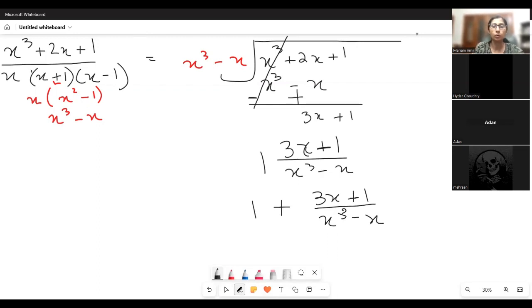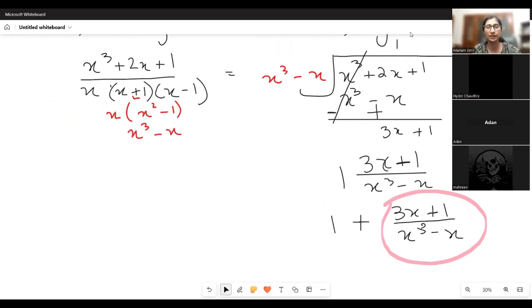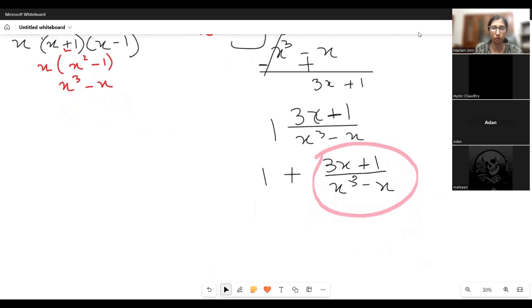Okay. Now what we'll do is partial fractions of this, and we're going to write the denominator in the original linear, factorized format, x times x plus 1 times x minus 1. So we're going to go back to that format for the denominator.